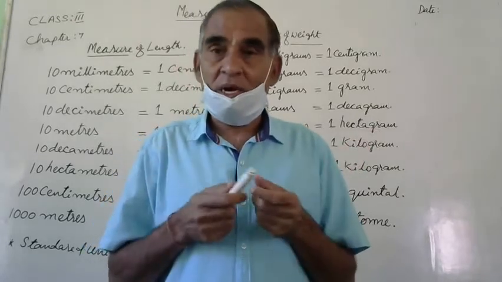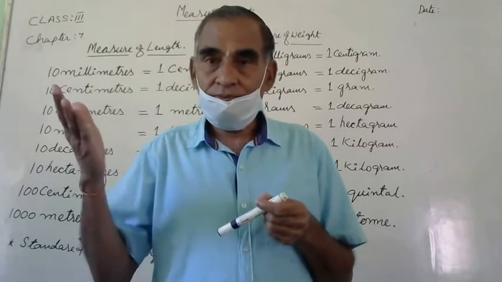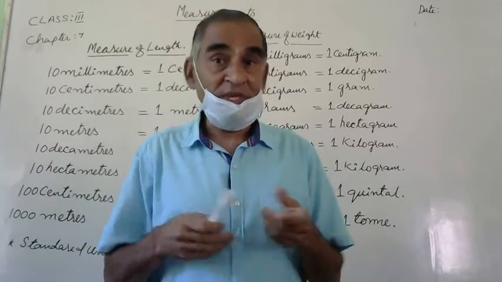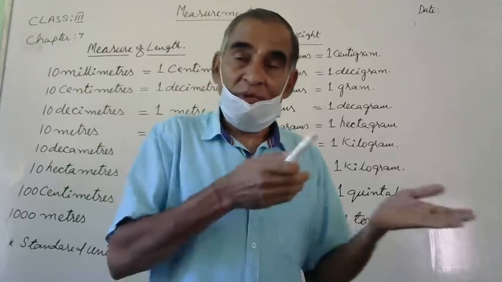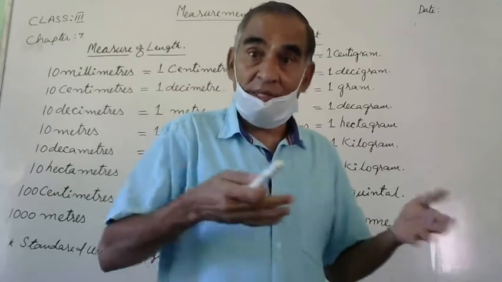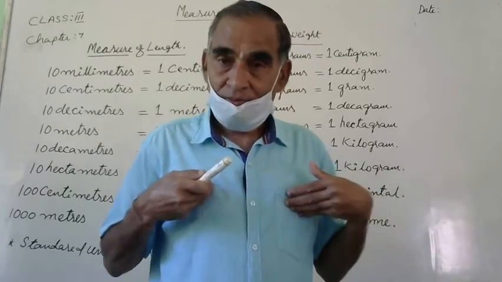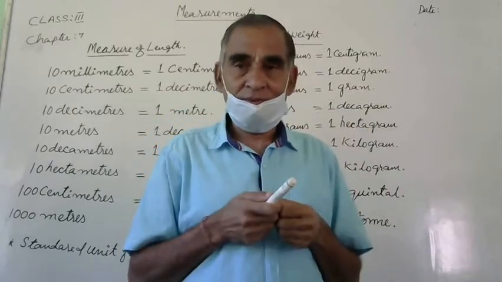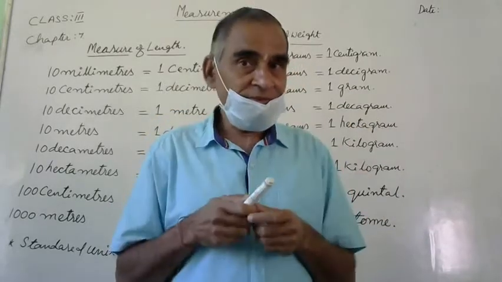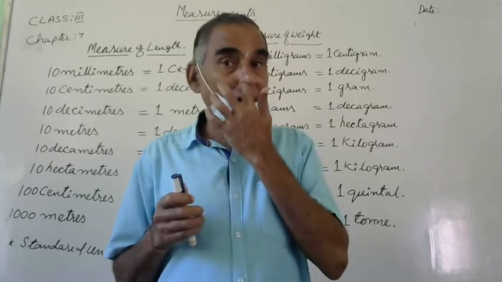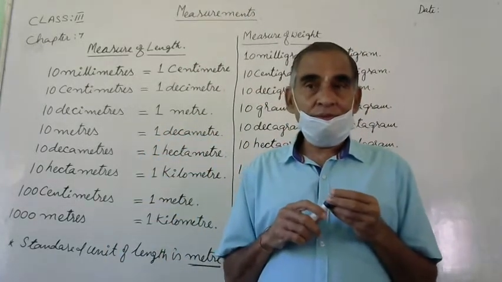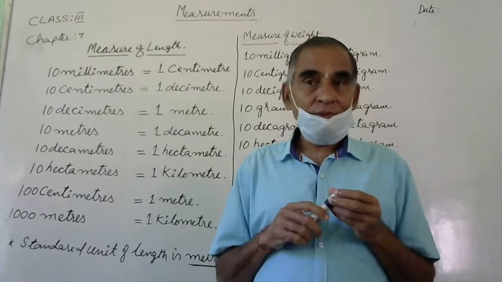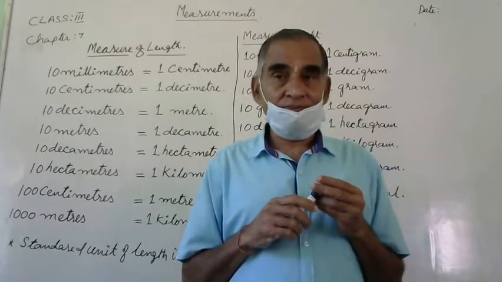While measuring the weight of an elephant, it is much heavier. You can compare it with the weight of myself or yourself. While measuring smaller weights, we use the standard unit, that is gram.